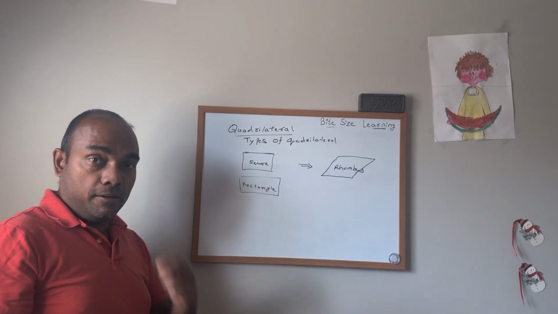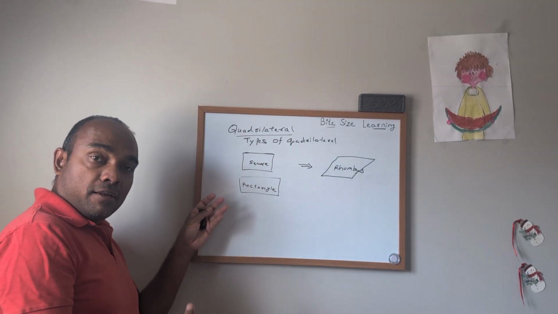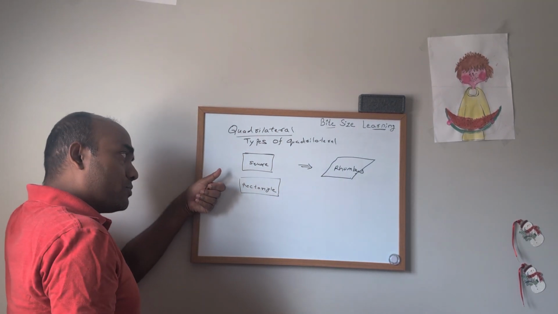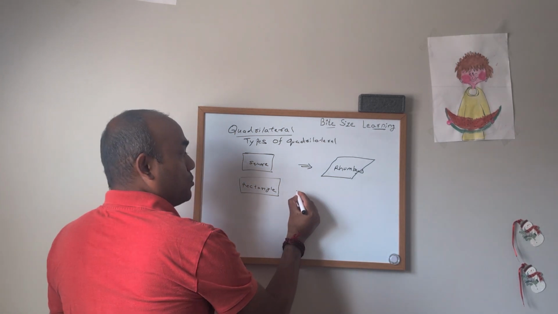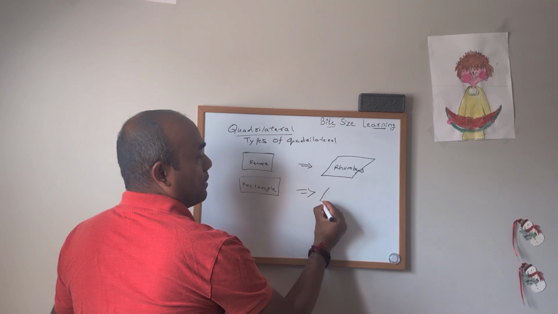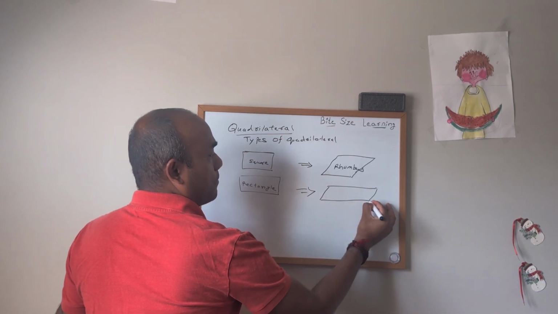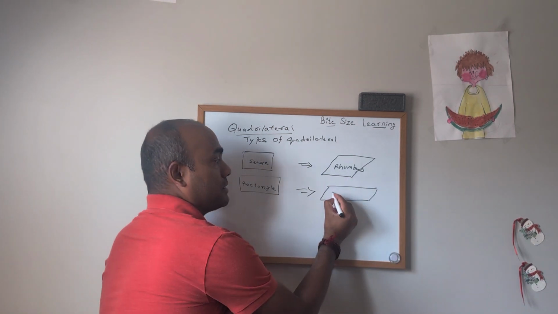Now let's imagine you have a rectangle and you use your thumb and press on one corner of the rectangle. How will it look? It will look like this. This is a parallelogram.